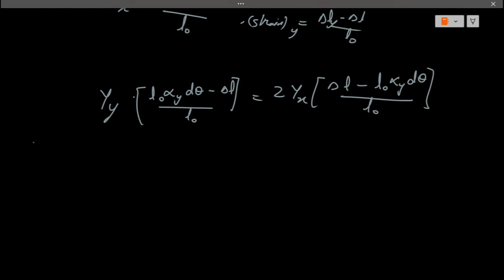So we have this relation which will hold true for the entire composite system.